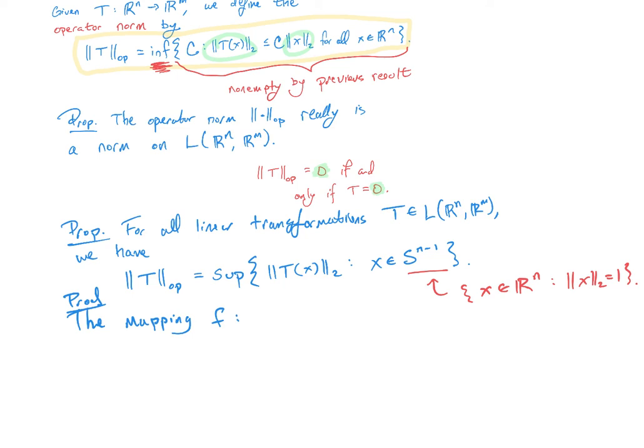The mapping f, defined from the unit sphere into R by taking the 2 norm of the transformation applied to x, is continuous.